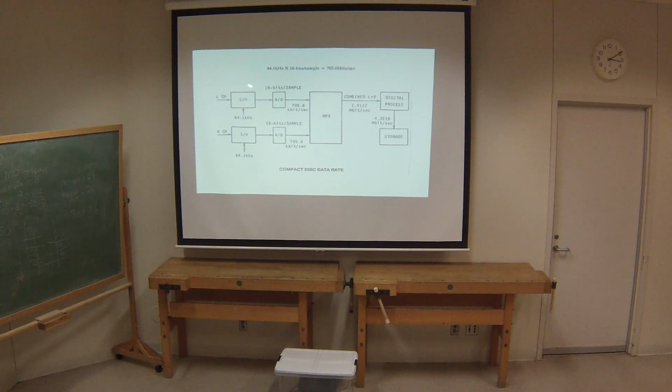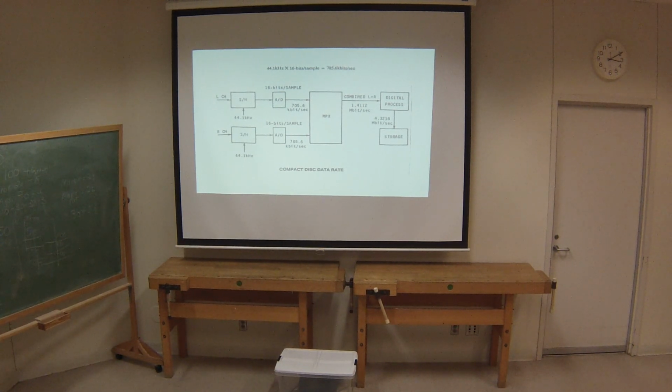Well, anyway, this is giving us an idea of how a compact disc player block actually looks. We have a left and a right input. We go through our AD converter, and this gives us a data rate of 705 kilobits per second per channel, or 1.4 megabits per second once we combine it.